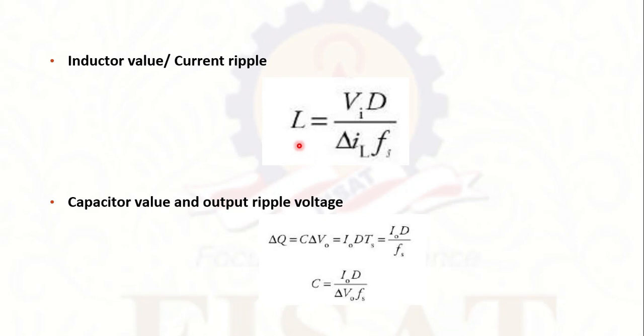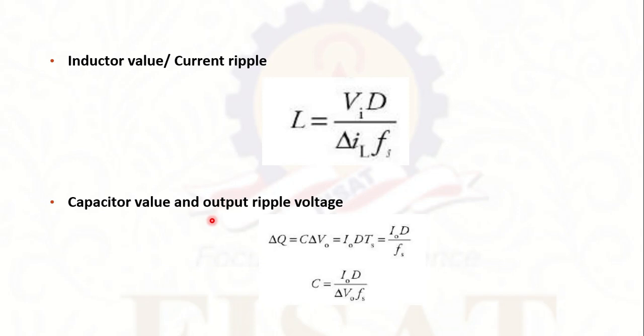The current ripple is represented as delta IL. Therefore, delta IL is equal to Vi into d divided by L into Fs, or we can write it as delta IL is equal to Vi dTs divided by L.